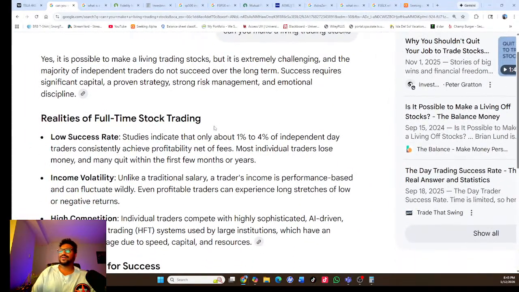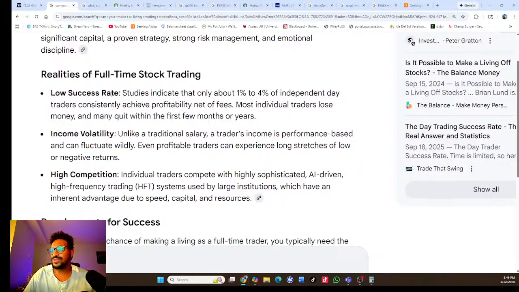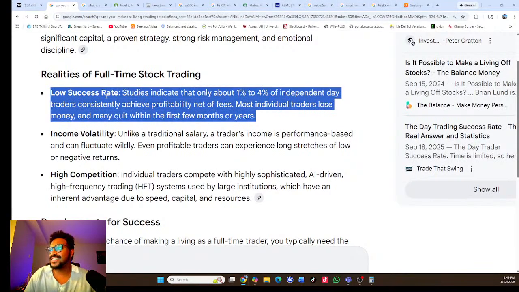Success requires significant capital, a proven strategy, strong risk management, and emotional discipline. All right, so low success rates. Studies indicate that only about 1 to 4% of independent day traders consistently achieve profitability net of fees. Most traders lose money and many quit within the first few months or years.